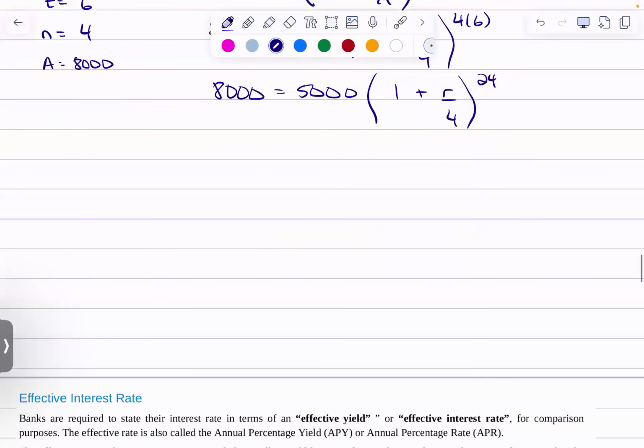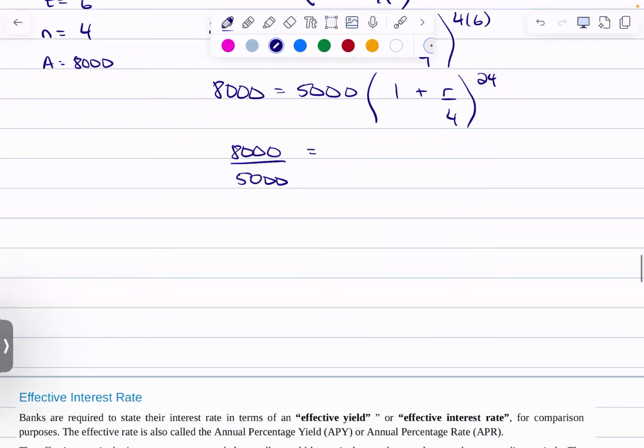So we need 8,000 divided by 5,000. Does that make something nice? I hope. Whew, it does. 1.6. I'll jot that down before I lose it. 1.6 equals (1 plus r over 4) to the power of 24.